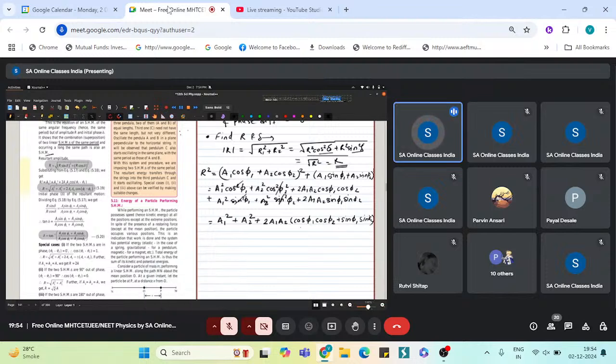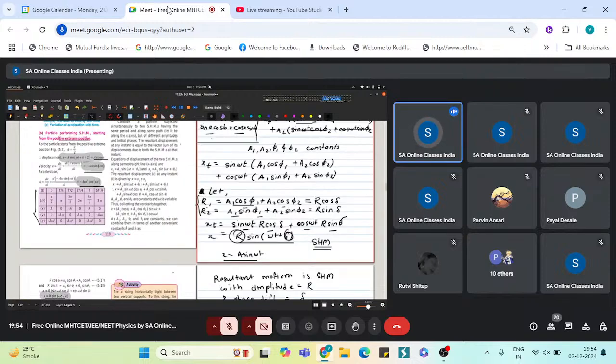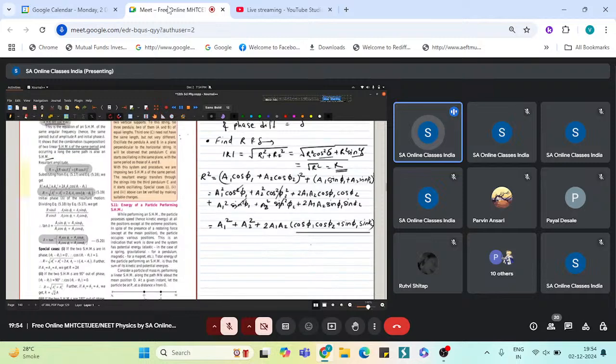And now this is again another trigonometric formula like the one I wrote here. So cos A cos B plus sine A sine B is just equal to cos of A minus B, and A minus B in this case is just going to be phi 1 minus phi 2.